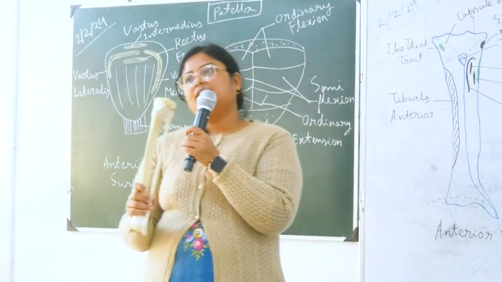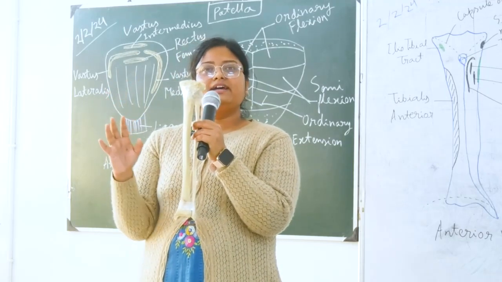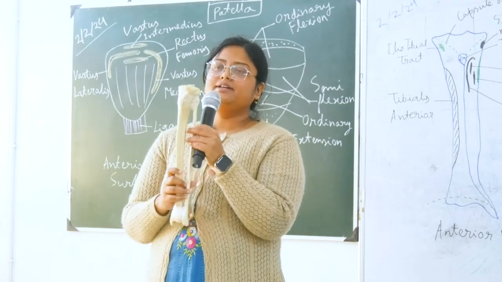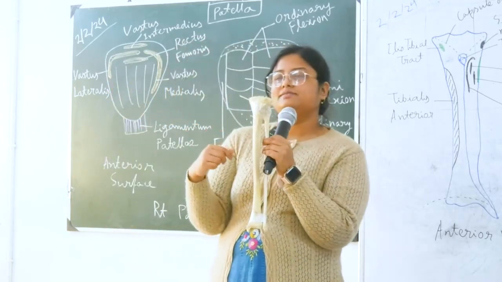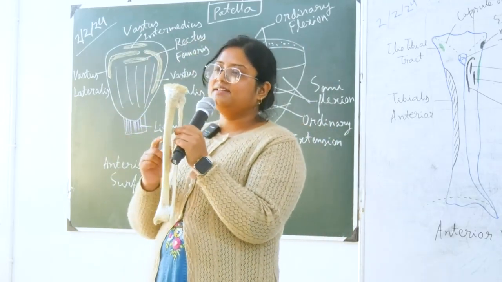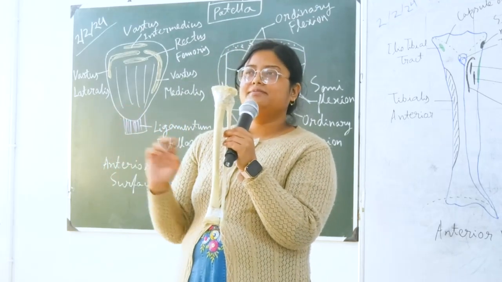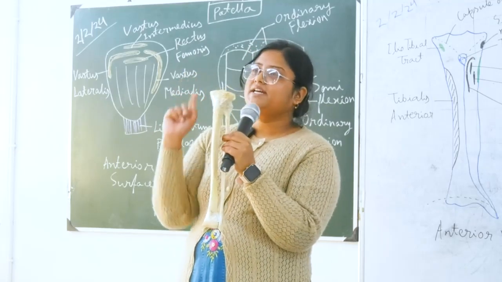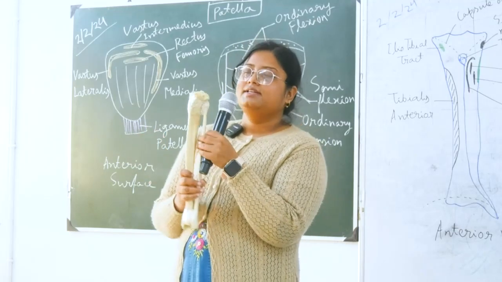Now attachments are clear for the upper end, shaft and lower end. Now we go to the ossification. It is a long bone, so it has one primary center of ossification which appears near the middle of the shaft at about the 7th week of intrauterine life. There are two secondary centers, one for the upper end and one for the lower end.